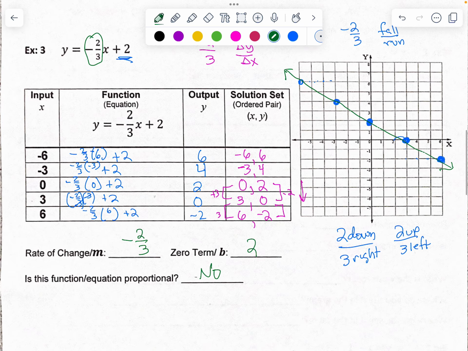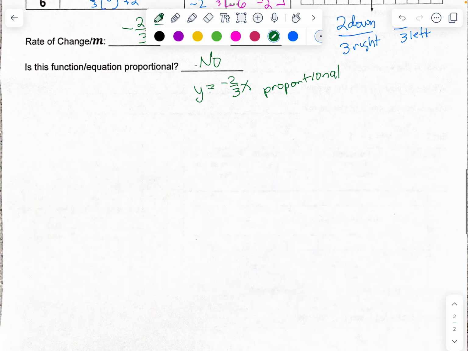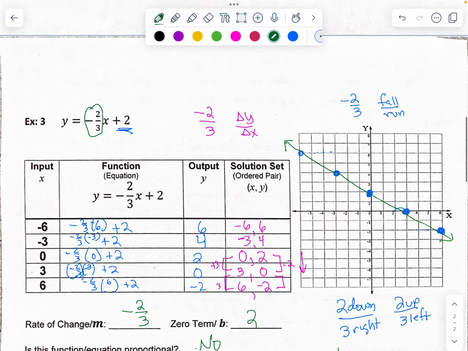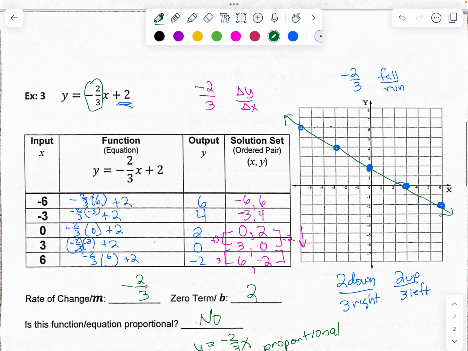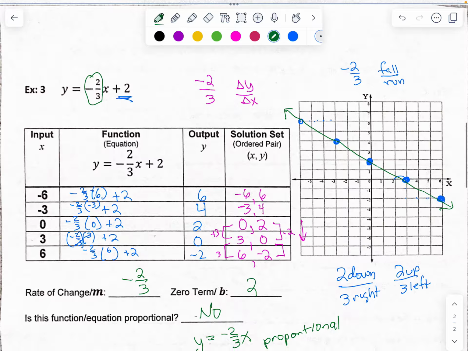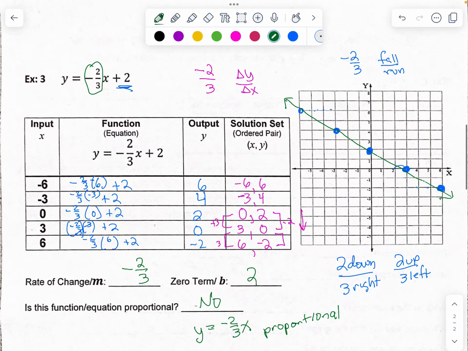No, because it would have to be y equals negative 2/3 x with no adding and subtracting. That is proportional. But once you put in a plus 2 or minus 2, it is no longer proportional. Your job is going to be responsible for creating a function table and then plotting it.